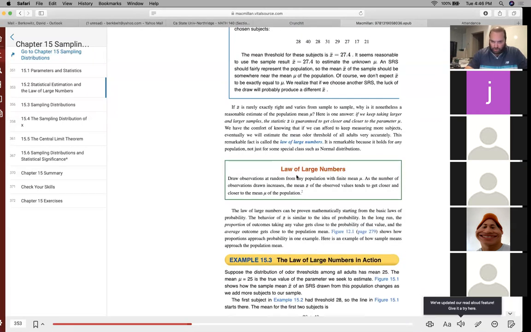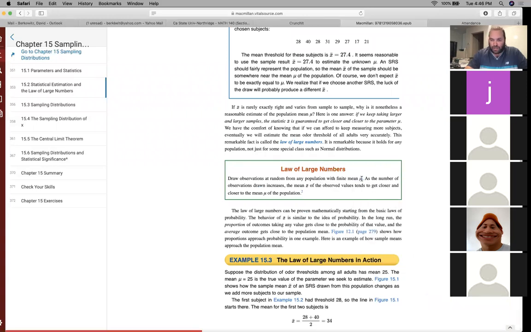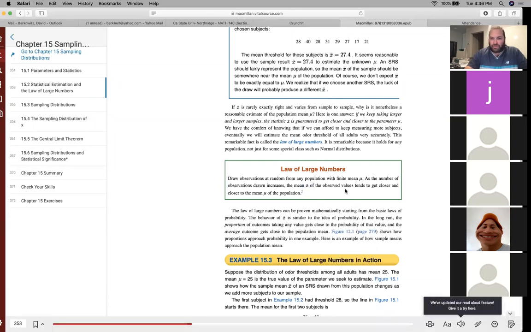Law of large numbers: draw observations at random from any population with finite mean mu, whatever the true mean is, which you don't know, it's a parameter. As the number of observations drawn increases, the mean x bar of the observed values tends to get closer and closer to the mean mu of the population.